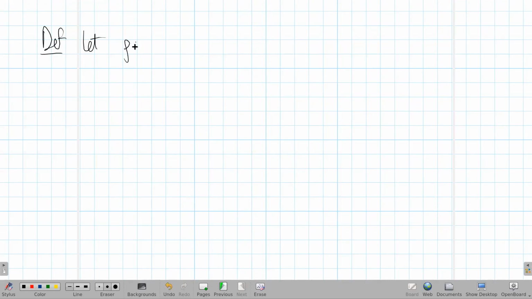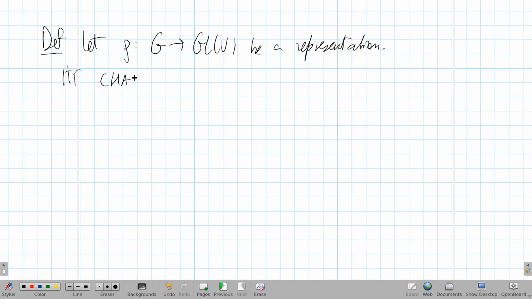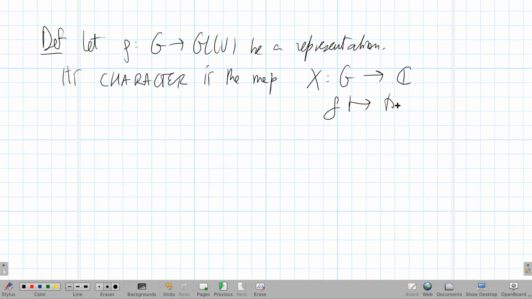Let rho from G to GL(V) be a representation, and its character, this is a great idea of Issai Schur, is a map chi, usually called with Greek letters, from G to the complex numbers, which sends g to the trace of rho of g.